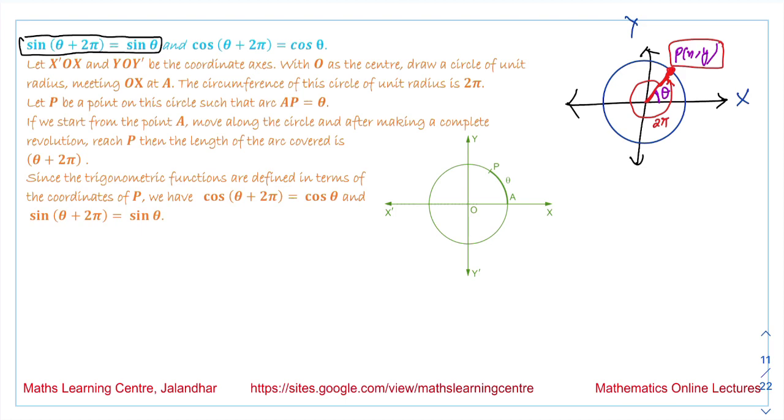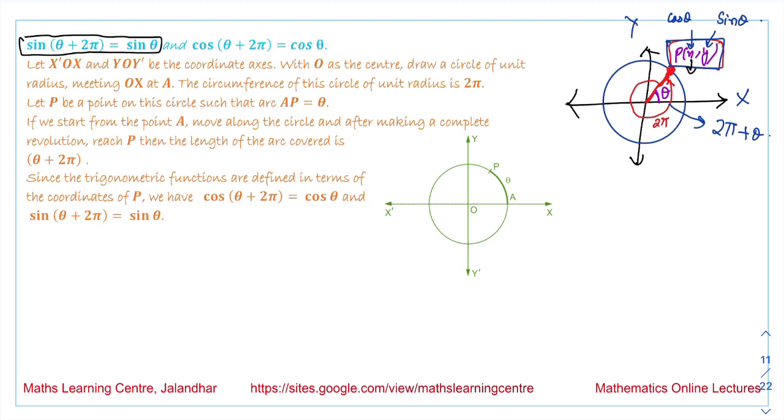Now the total angle will become 2 pi plus theta. We have reached this same point. Earlier, corresponding to this x it was cos theta, and corresponding to this y it was sin theta.